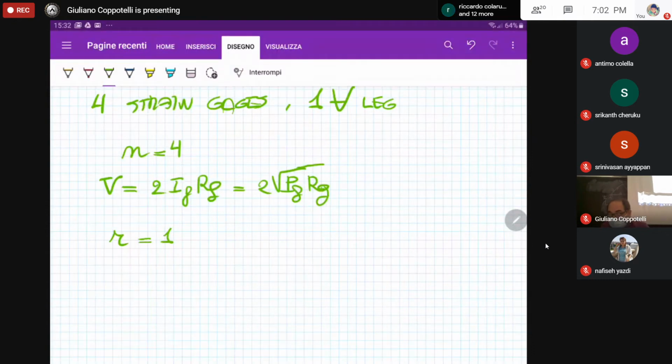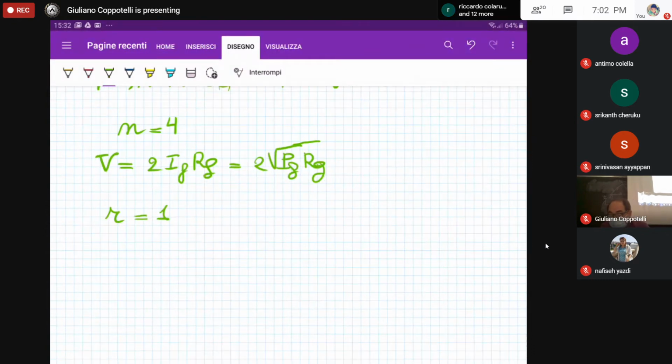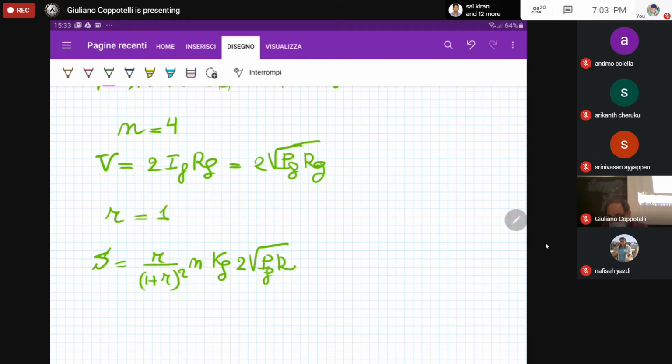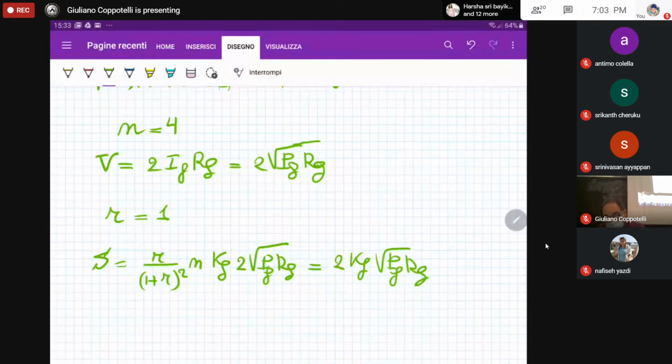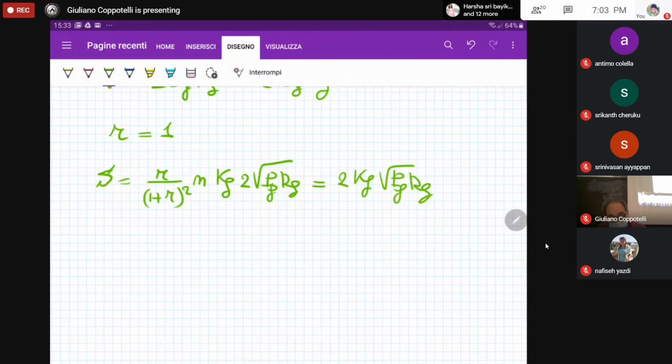So what we got is the sensitivity is equal to, once again, r over (1 plus r) square and kg 2 square root of PG RG, that in our analysis will be equal to 2 kg square root of PG RG. Okay, let me write it with more emphasis.